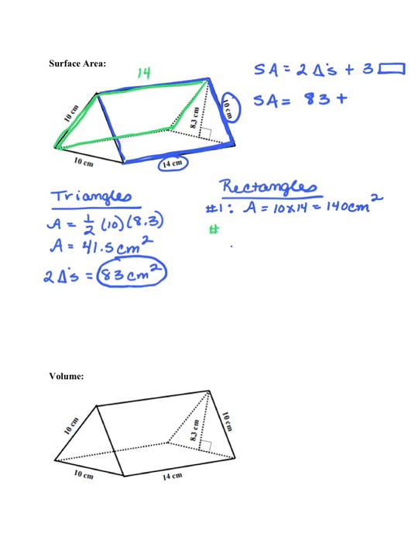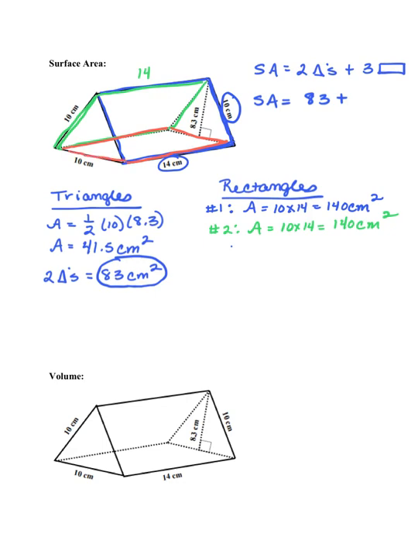So for rectangle number 2, our area is equal to 10 by 14 again, or 140 centimeters squared. It so happens in this triangular prism, all of those rectangles are the same, but that won't always happen. Okay, so you need to keep that in mind.